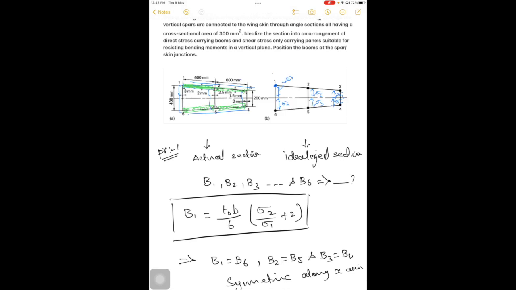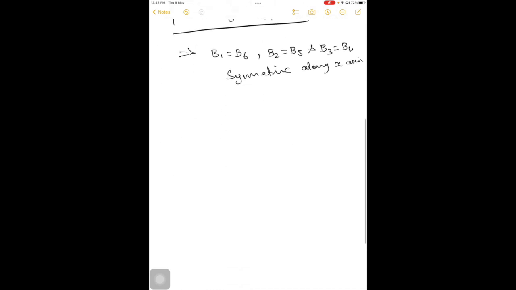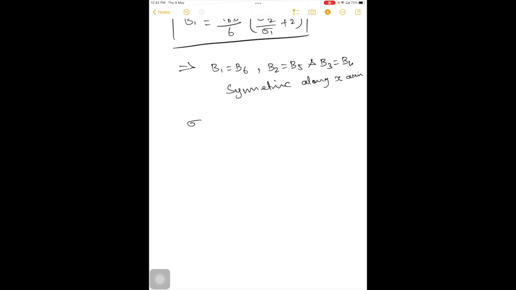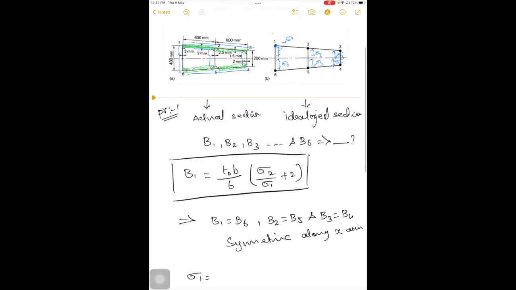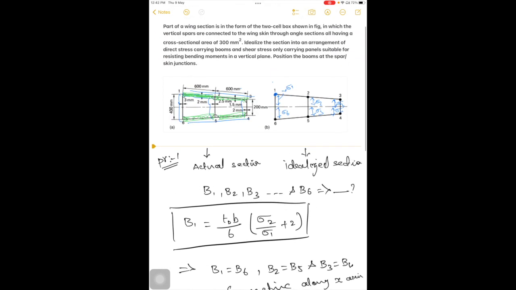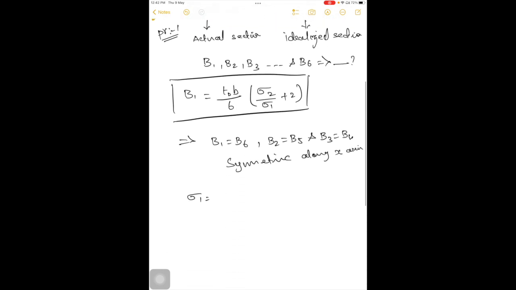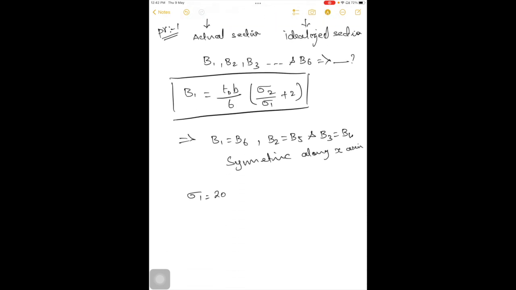So what is our sigma 1? Sigma 1 is the distance from the centroid to point 1, boom 1. The total length from 1 to 6 is 400, so from the centroid it will be 200. Sigma 6 is in the downward direction from the centroid, so it will be minus 200.